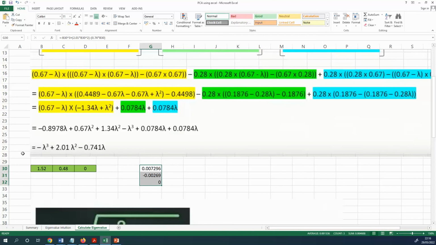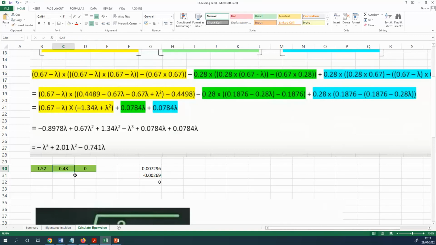In the model, we identify that lambda 1 will be 1.52. If we put 1.52 into the polynomial, the result will be 0.